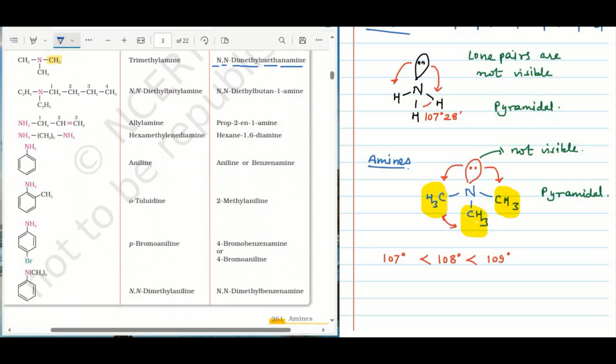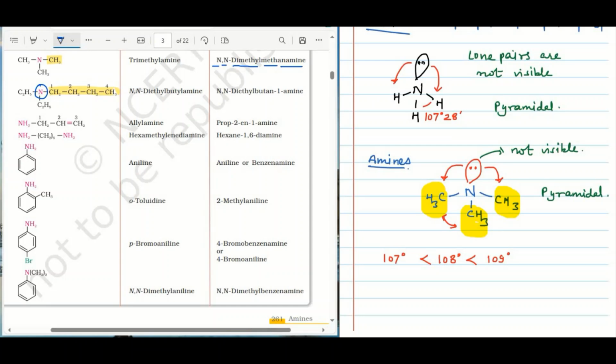Now examine the next example. Here first of all select the longest carbon chain that contains your functional group. Here all the 3 hydrogens are replaced with alkyl groups. This is the longest carbon chain that contains your functional group, the amine. Now start numbering the chain from the carbon which is directly bonded to nitrogen: 1, 2, 3 and this is 4.